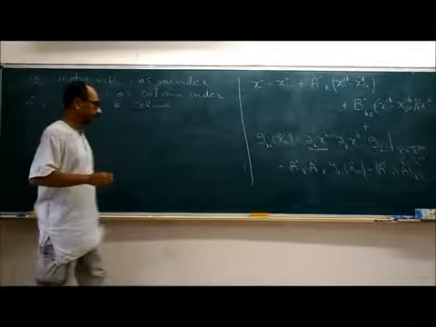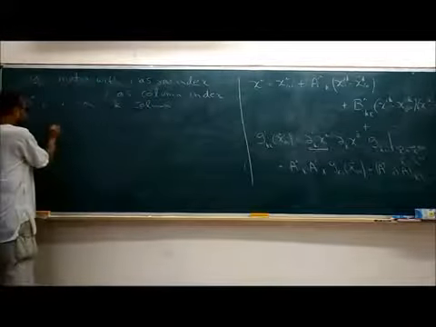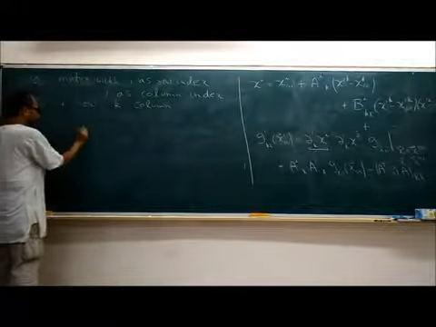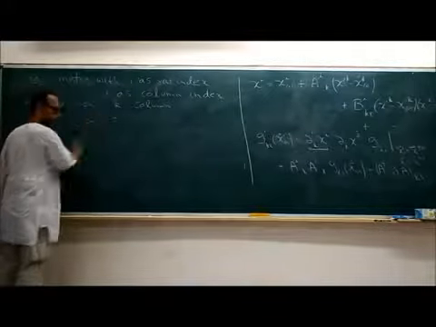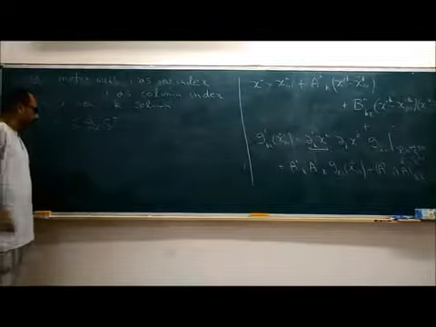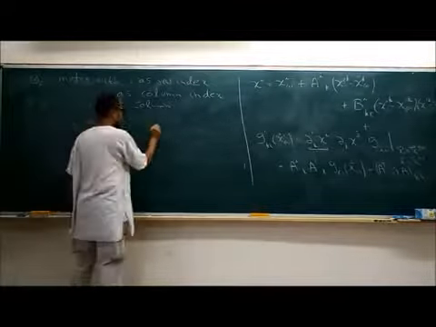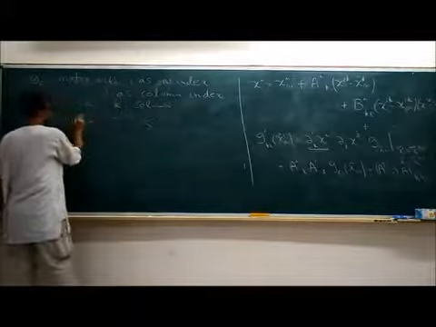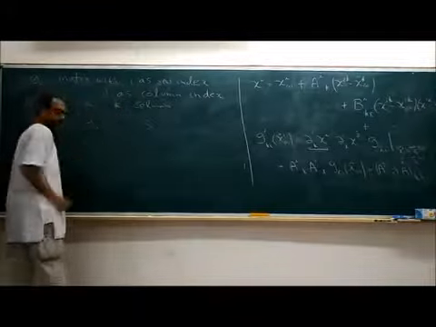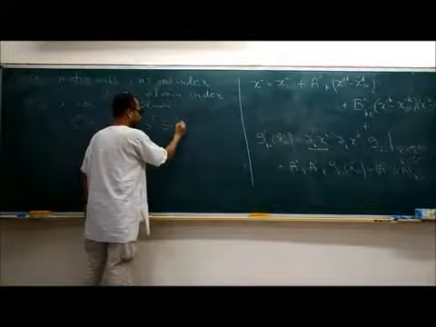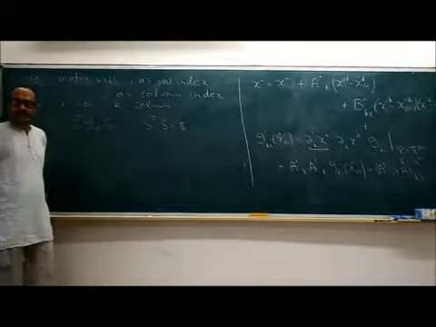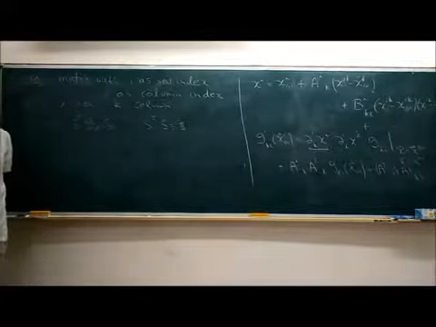Okay. So G I can write as S G_D S transpose, where S satisfies S transpose S equal to identity. It is an orthogonal matrix. A real symmetric matrix can be diagonalized by an orthogonal matrix.